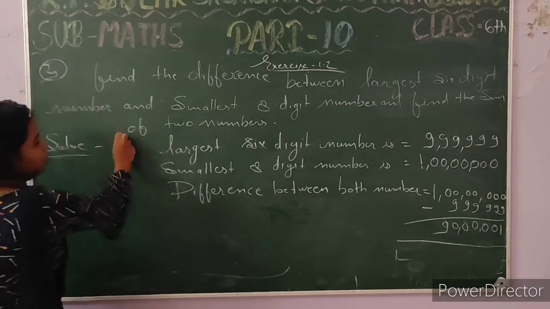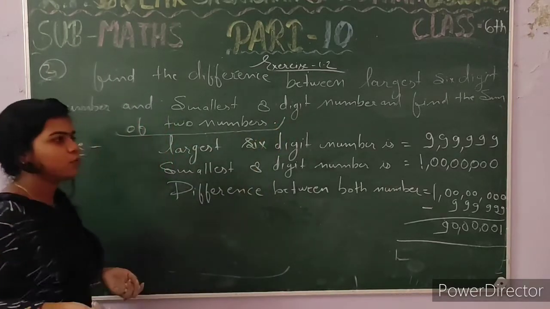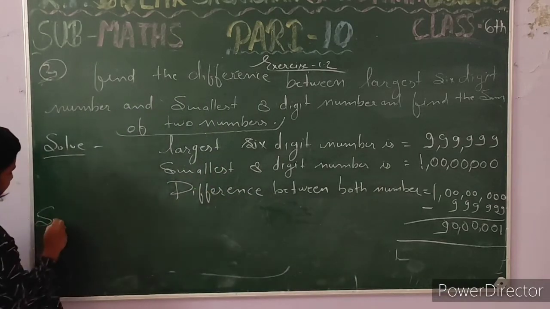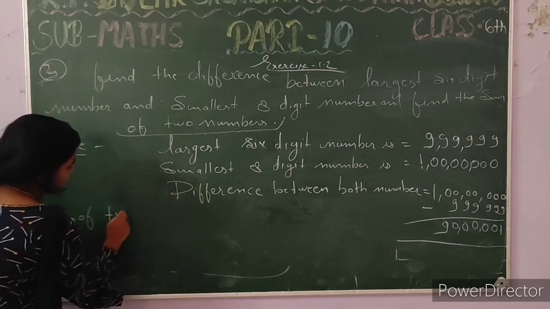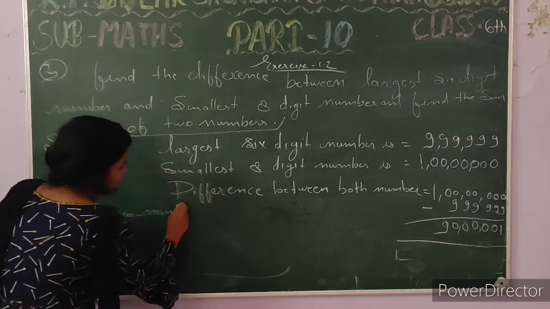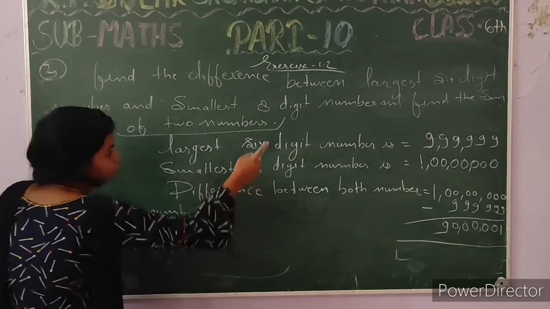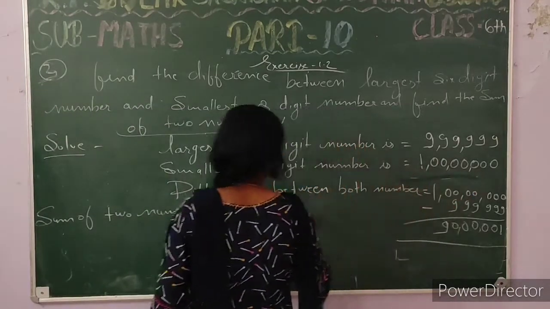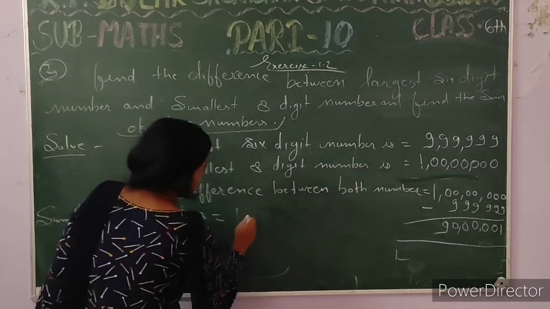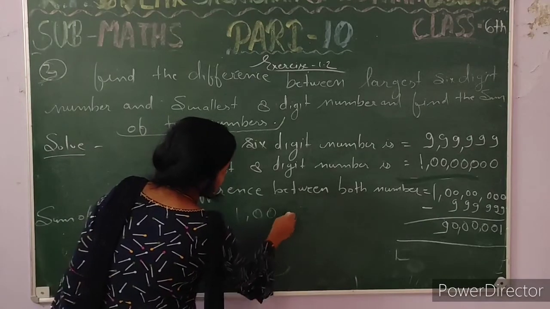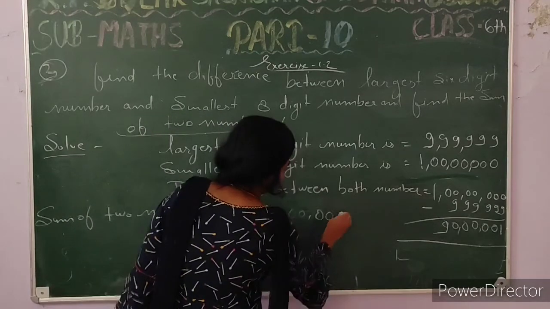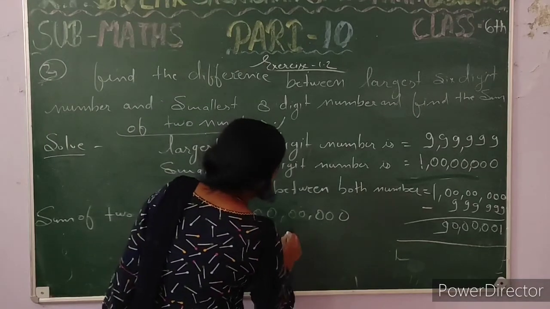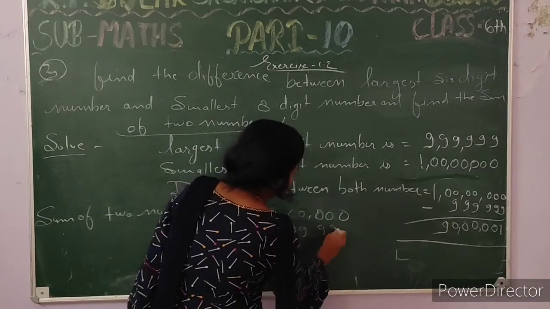Then the sum of the two numbers. What is the sum of the two numbers? The next step is: the sum of two numbers is equal to both numbers added. You have to add both numbers. Then you write the sum of both numbers: 1 crore plus 9,99,999.